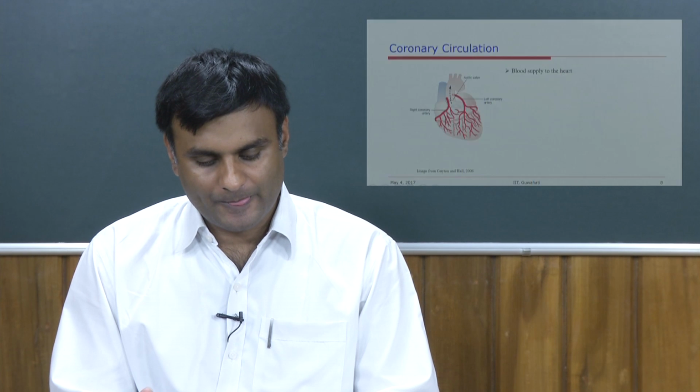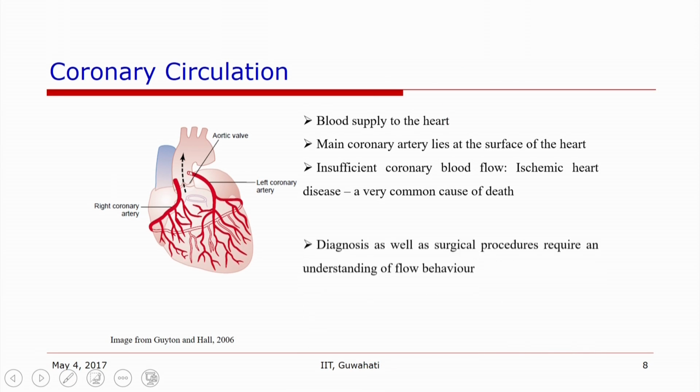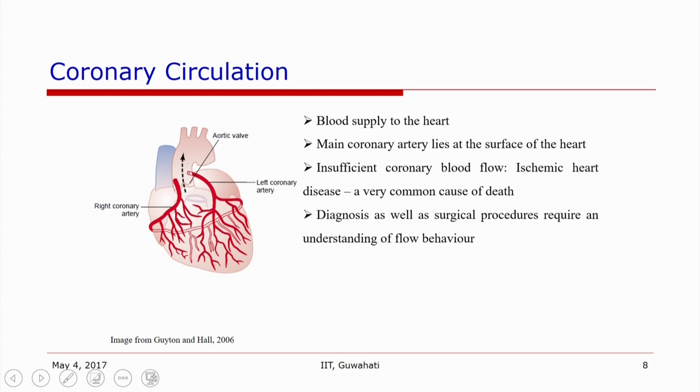One of the important tissues is the heart itself. The arteries which supply blood to the heart are known as coronary arteries, and there are two arteries you see, right artery and left artery.